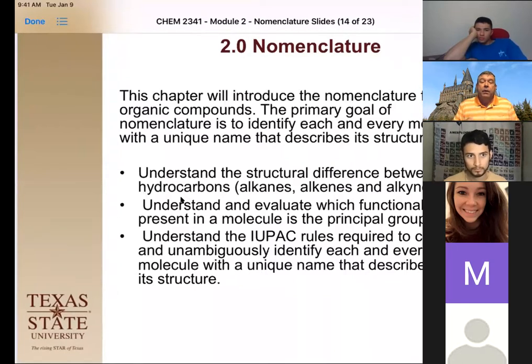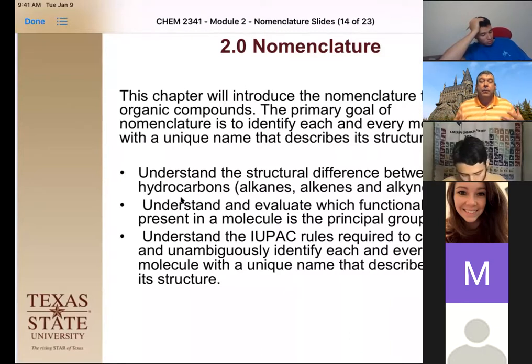Now, we also have what we call the IUPAC, the International Union of Pure and Applied Chemistry. They set up a series of rules, and when used correctly and in order, you will have an unambiguous identifier for each and every molecule. Basically, if I use those rules and write out a huge long name for a chemical, I could give that name to you and you could draw the structure.